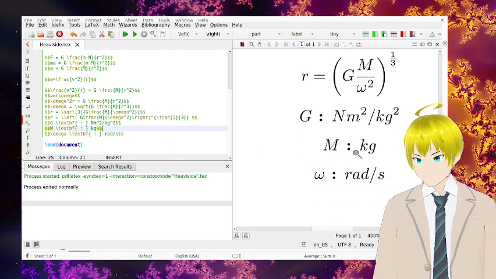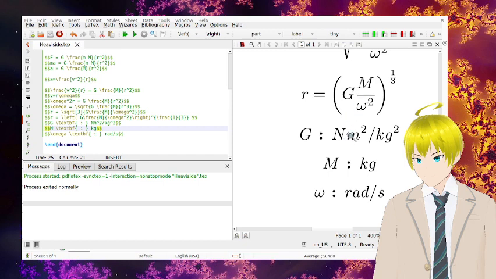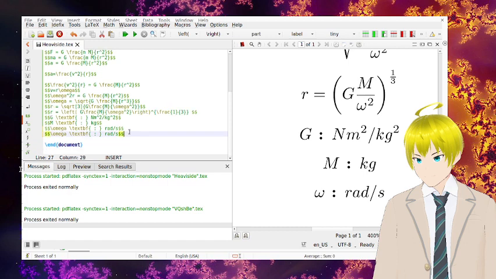All right. So now a newton is a kilogram meter per second squared. Let's put that in. A newton is a kilogram meter per second squared.